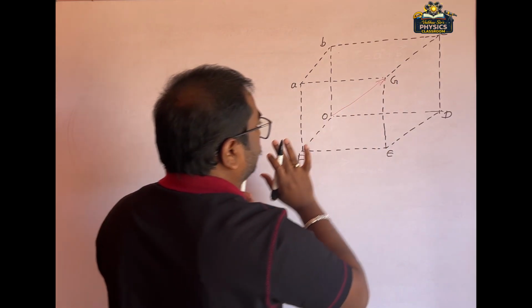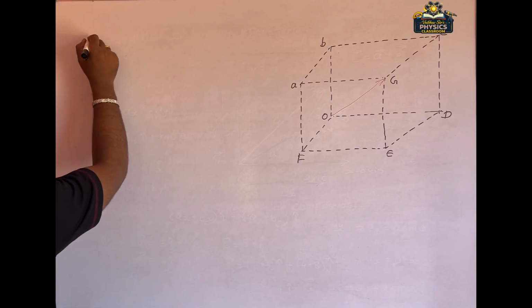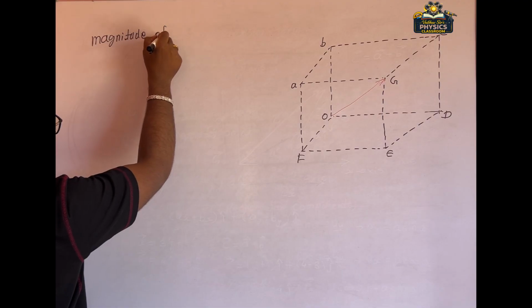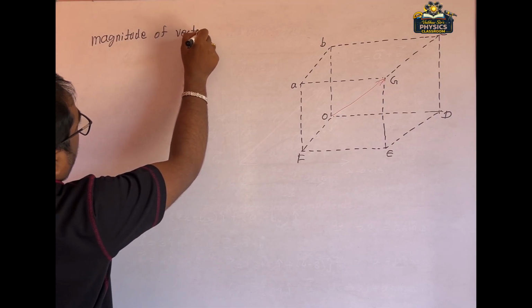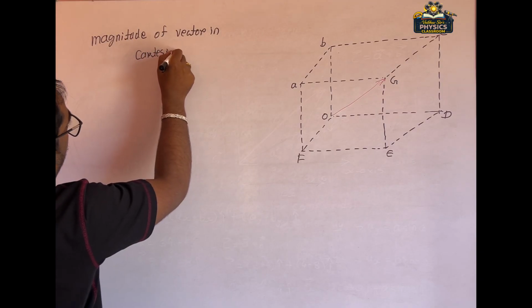This OG. First of all, the magnitude of a vector in Cartesian.